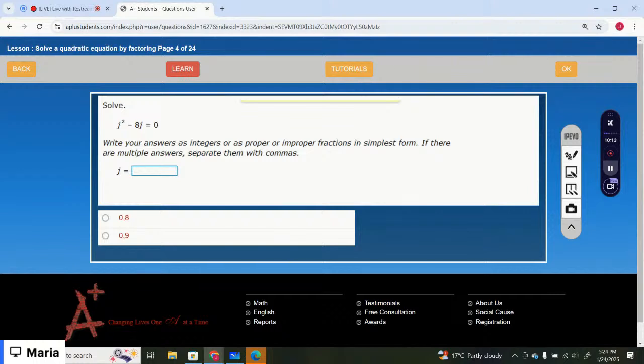The next one is j square minus 8j equals 0. So which is the correct option?